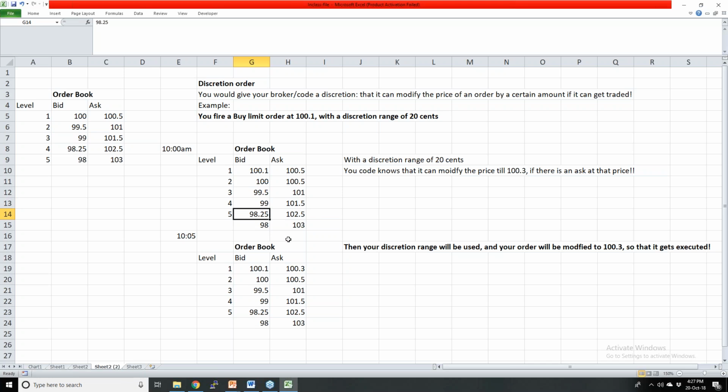No, when I say modify, any exchange will cancel your previous order first and then replace it. It does it pretty much at the same time.